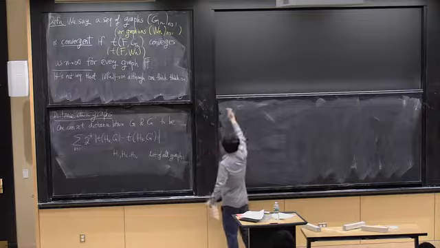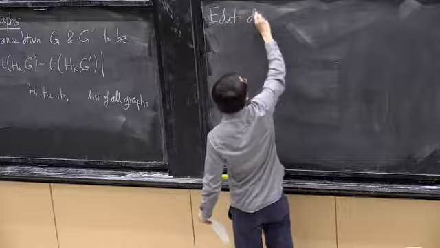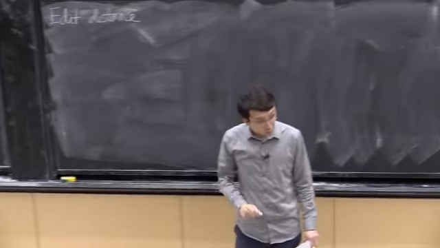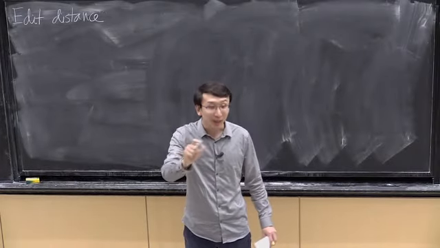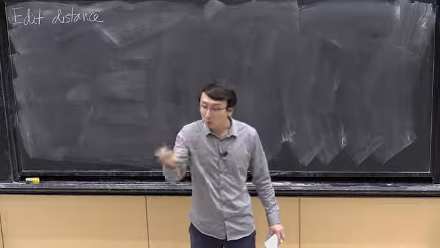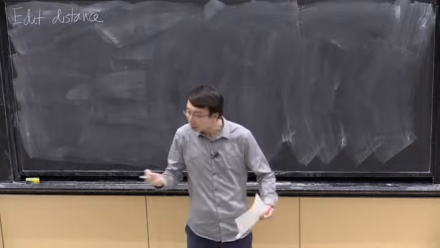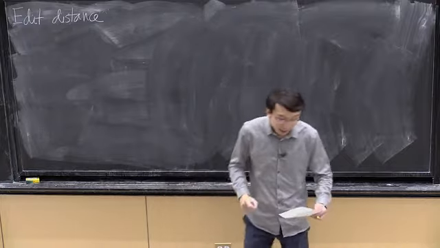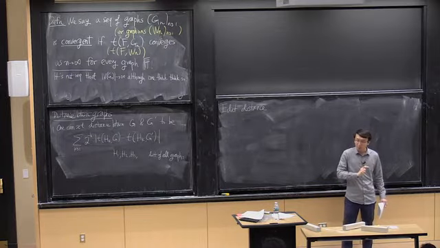So here's an attempt, which is that of an edit distance. We've seen this before when we discussed removal lemmas. The edit distance is the number of edges you need to change to go from one graph to the other graph. This seems like a pretty reasonable thing to do, and it is an important quantity for many applications, but it turns out not the right one for our application.